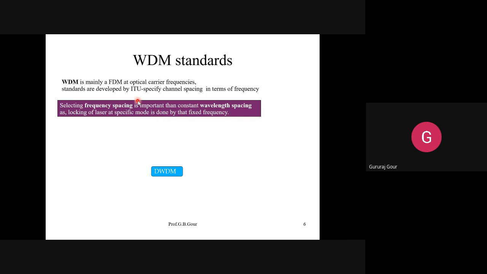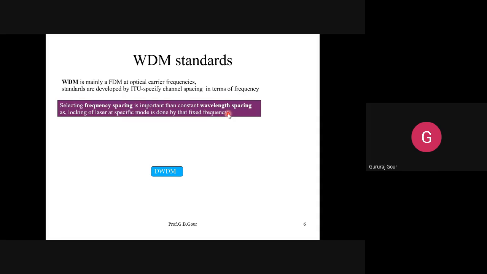So standards are developed by ITU, International Telecommunication Union, which specify channel spacing in terms of frequency. Selecting the frequency spacing is more important than constant wavelength spacing, because our objective is to lock a laser, that is each channel, to a specific mode by this fixed frequency, the cutoff frequency you can see on the receiver side.